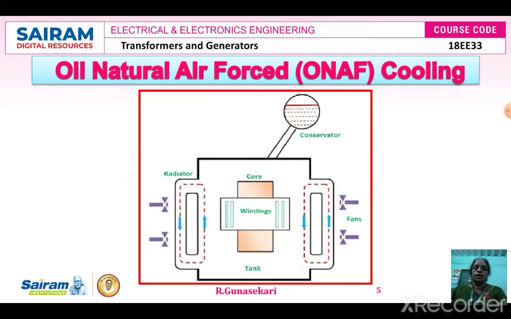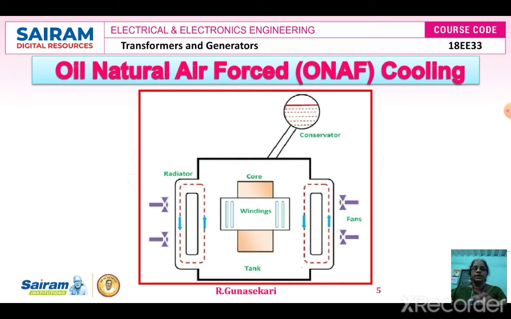Then we studied the oil natural air forced cooling. The name itself tells it. The oil circulation is natural, but we force the air onto the transformer tank. That's why this is called oil natural air forced. Now you see the circuit diagram. Here we use fans for air circulation.